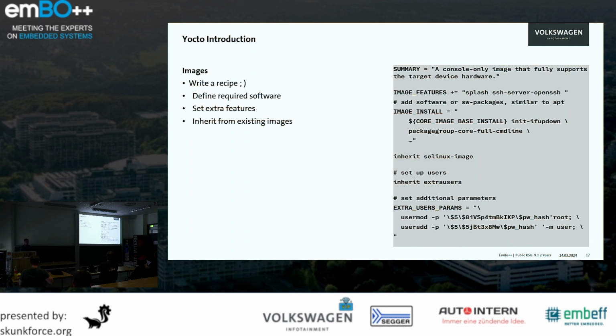Then you can also build on top of existing images. I used here a Linux image and the extra users image, which provides you additional users. And then you can set further parameters, in this case, passwords for the users which are then on your system.